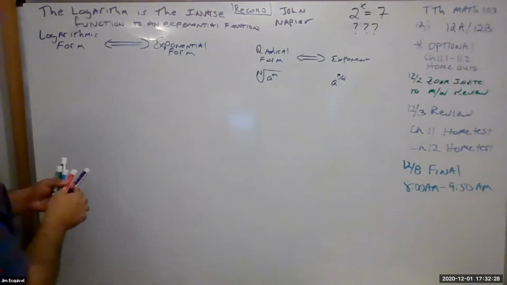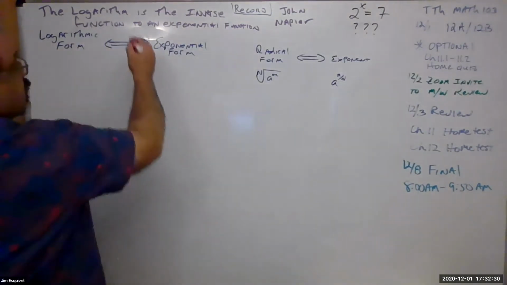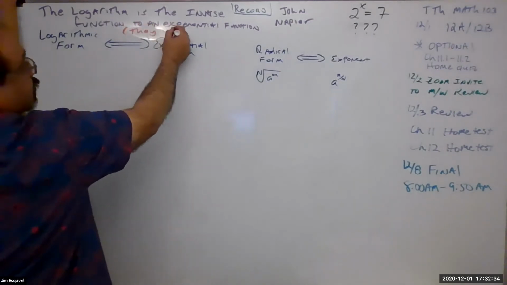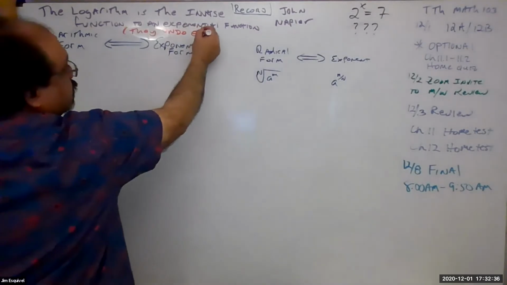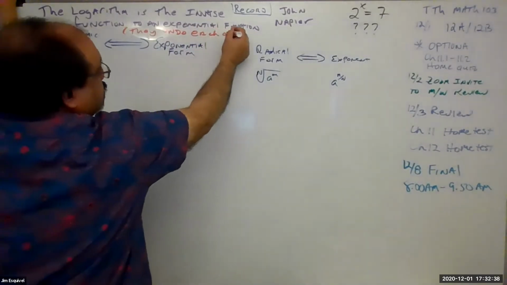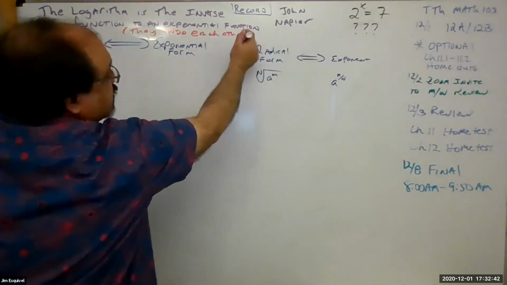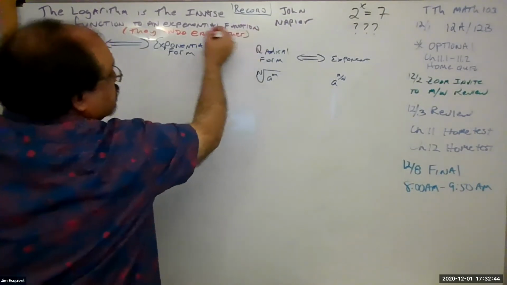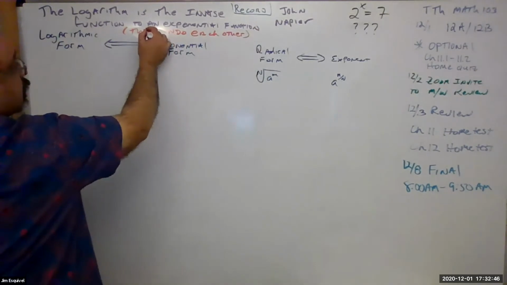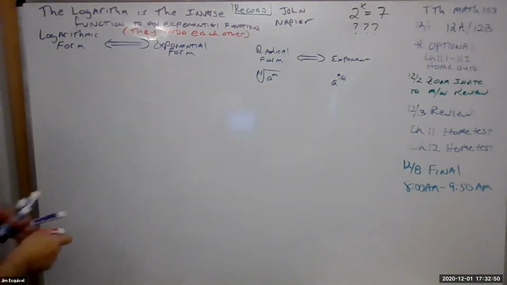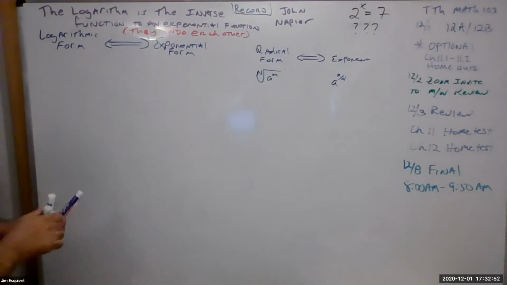And again, what that means is they undo each other. A logarithm undoes an exponential function, and an exponential function will undo a logarithm. So the logarithmic form looks like this.